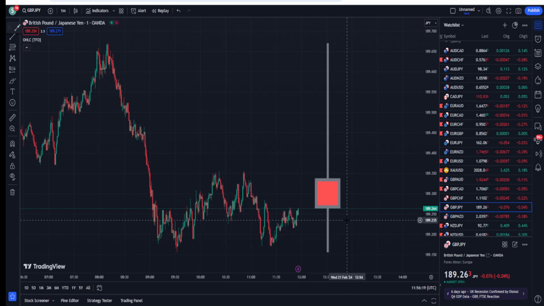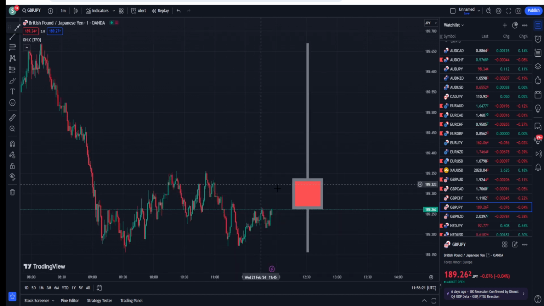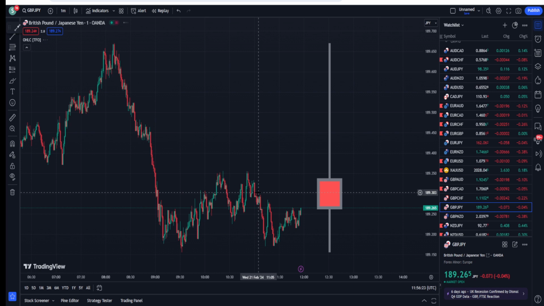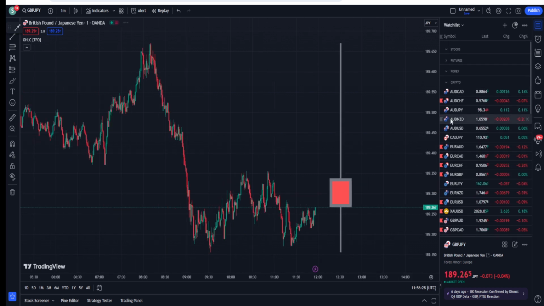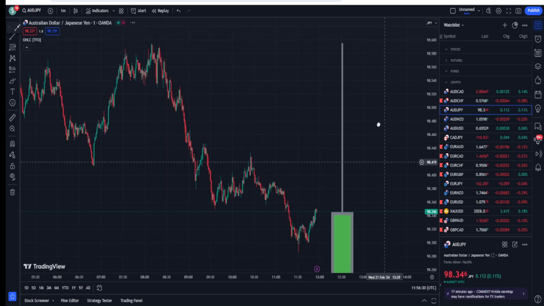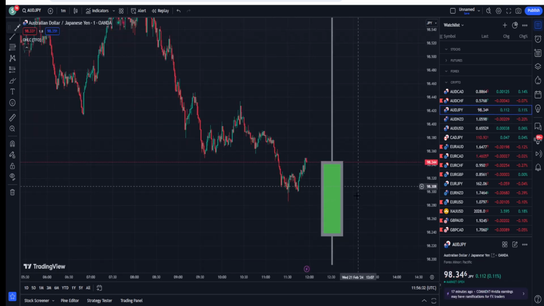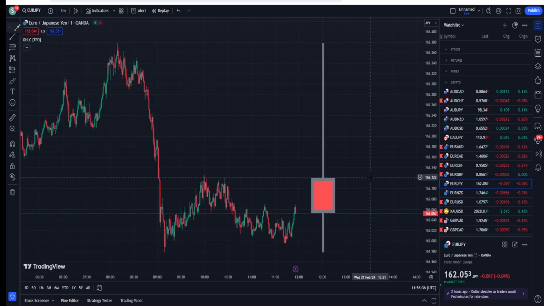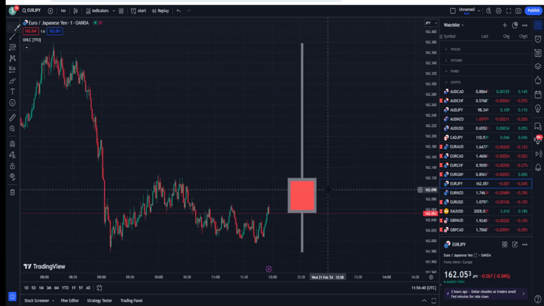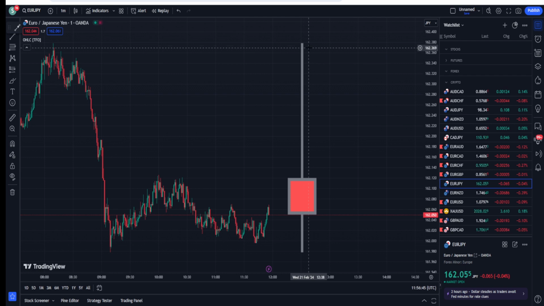Okay, now you can see what this indicator is basically telling us. There is not much data about this indicator on the author page, but overall you can see it is providing us with green and red signals. This is a candle based indicator.